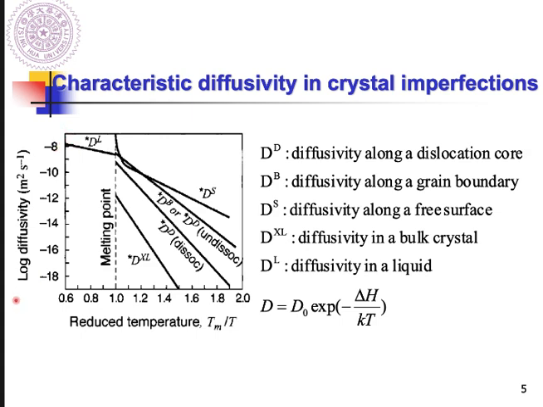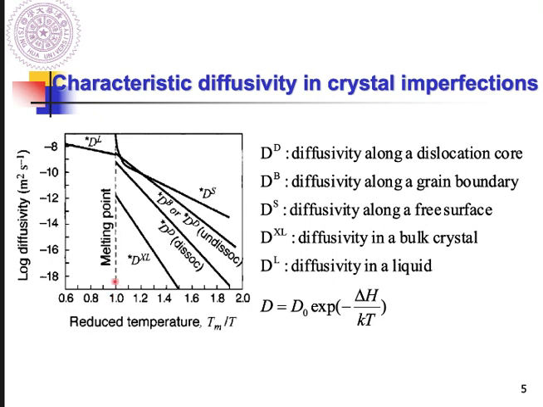The vertical axis is log diffusivity, and the horizontal axis is the reduced temperature, which means the melting point divided by the temperature. When T equals the melting point, what we have here is equal to 1, right?